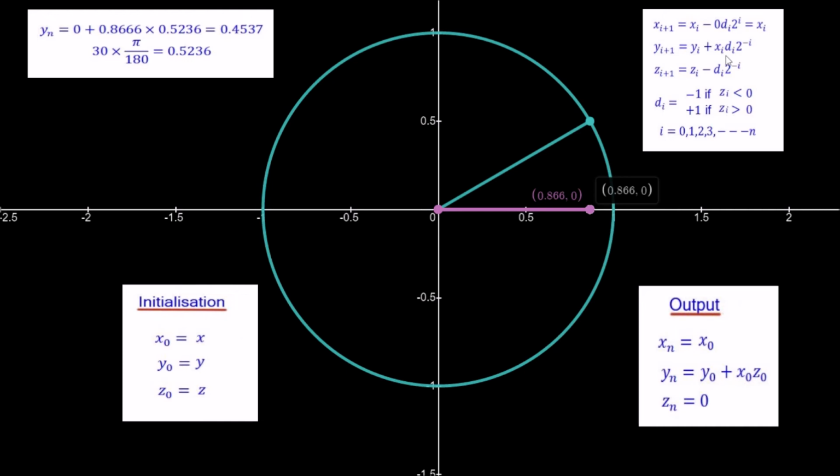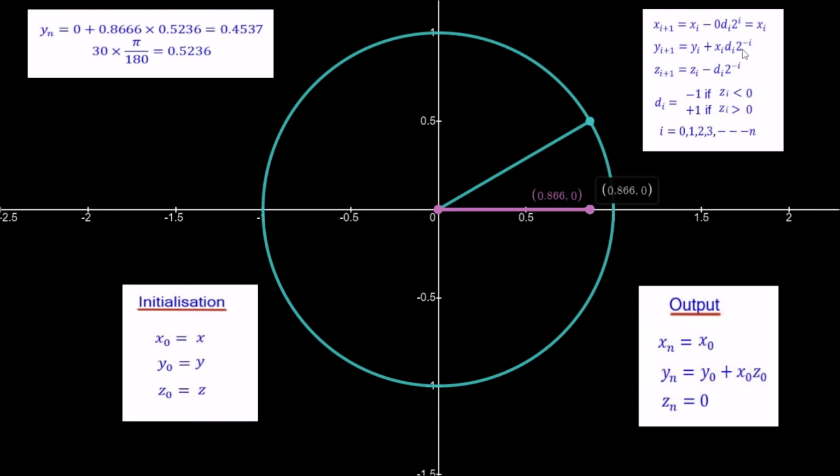Now this is the interesting part here, because the value for our d is determined by the sign of the angle Z. So the angle here is plus 30 degrees, so the sign of the angle is positive. So if zi is greater than 0, then we can say that d is plus 1. So d0 is a value of plus 1. And then 2 to the minus i, well that's going to be 2 to the minus 0, which is just a value of 1 upon 2 to the 0, which is just 1.